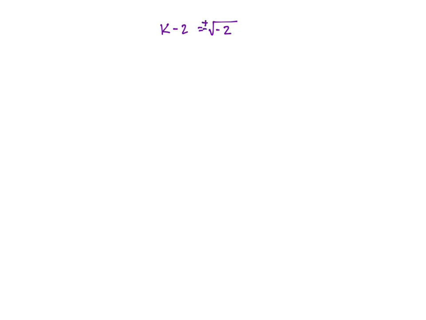We're going to add the 2 to both sides. K equals 2 plus or minus the square root of negative 2. I have one issue with this. Can't take the square root of a negative number. That went from difficult to complex. I cannot take the square root of a negative number.